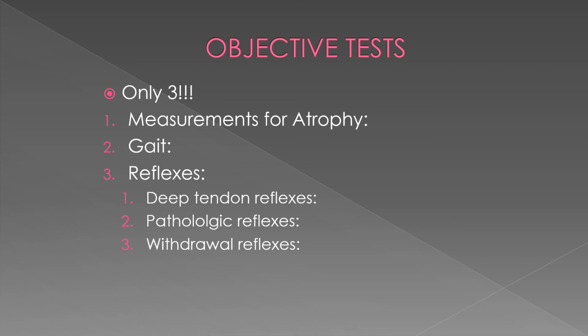The concept I want to leave you with here today is going to be one of the most powerful concepts upon which you can rely for the entirety of your career. When you're making decisions about your examinee's true condition, you can rely on the presence or absence of withdrawal reflexes to give you some indication as to the examinee's true condition.